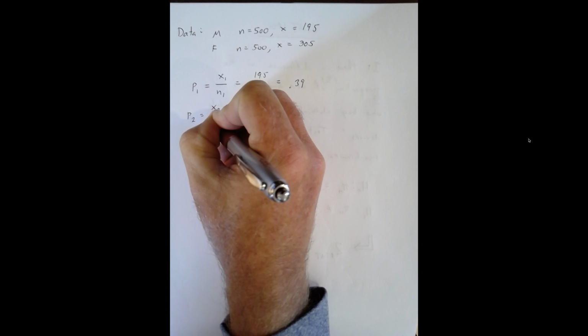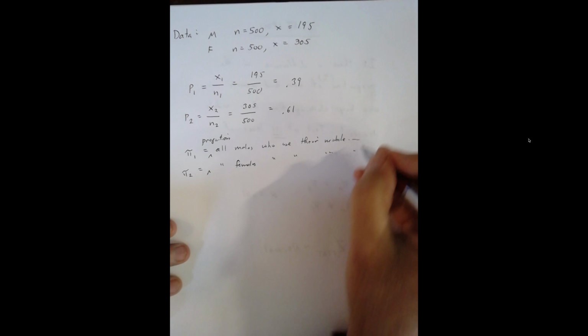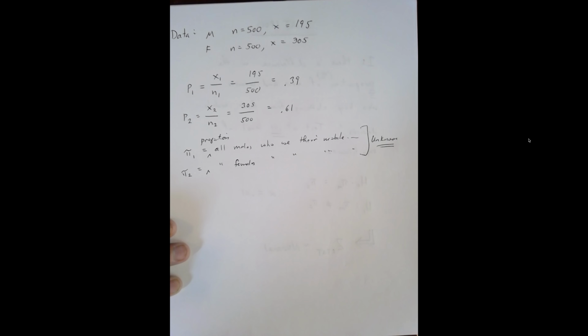So again, P1 is the proportion of all males, and P2 is the proportion of all females. Guys, these are unknown.